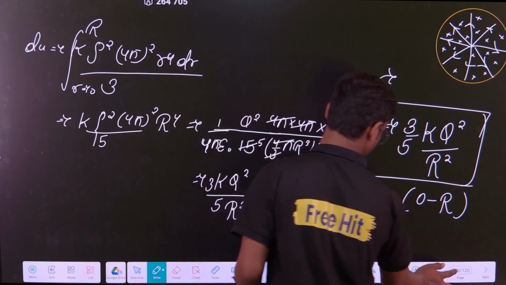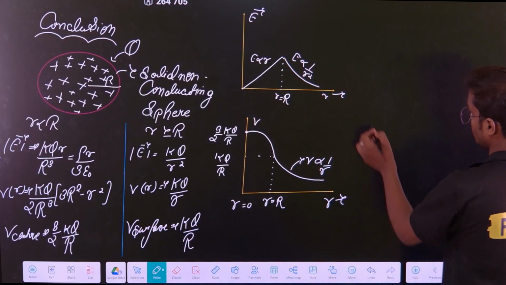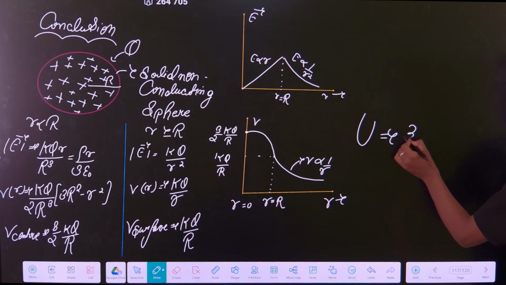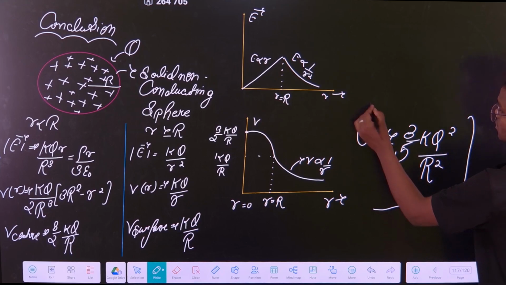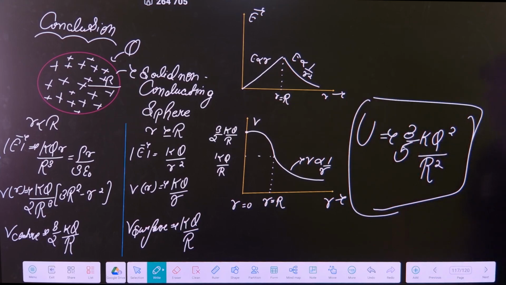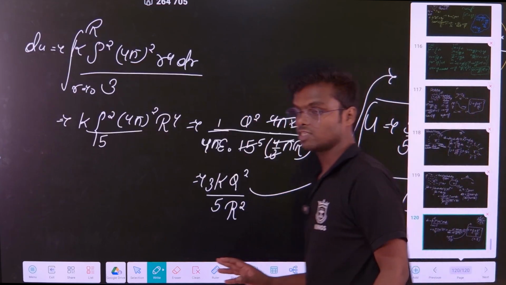So in this case my potential energy will be 3 by 5 k Q square by r. That is the thing. I hope till here everything is clear.